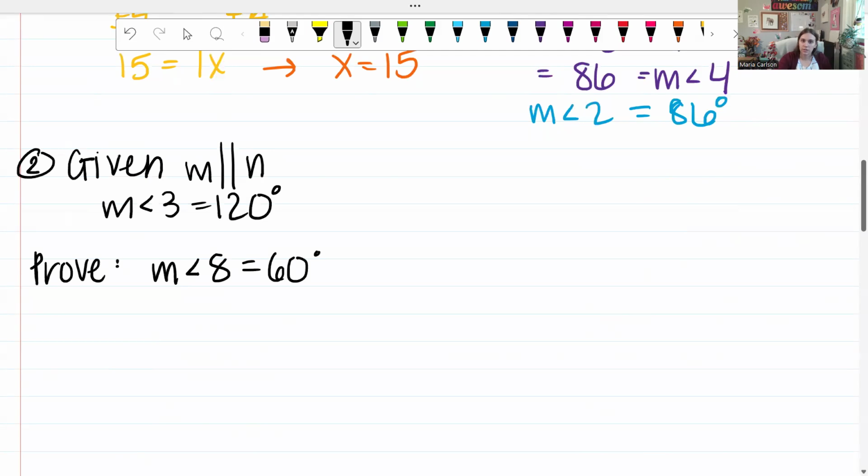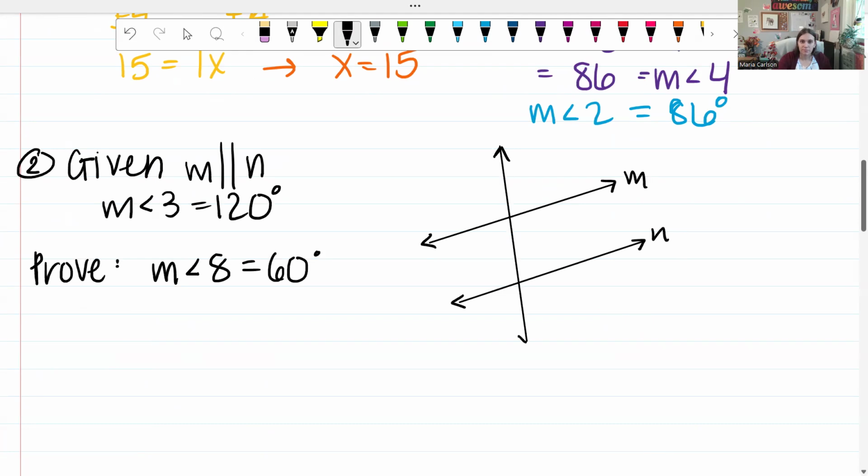And in our drawing here, we have M parallel to N. And then we have this transversal, which in this diagram actually is P. And then our angles are 1, 2, 3, 4, 5, 6, 7, and 8.